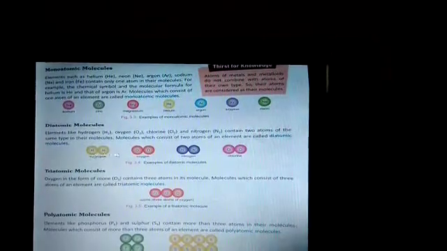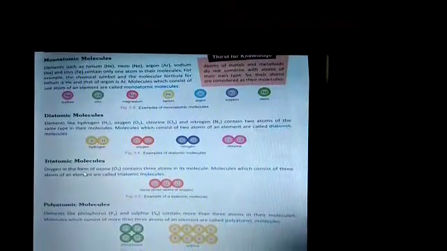The next is diatomic molecules, consisting of 2 atoms. You can see the hydrogen molecule consists of 2 atoms of hydrogen. The oxygen molecule consists of 2 atoms. Same here with nitrogen and chlorine, composed of 2 atoms.